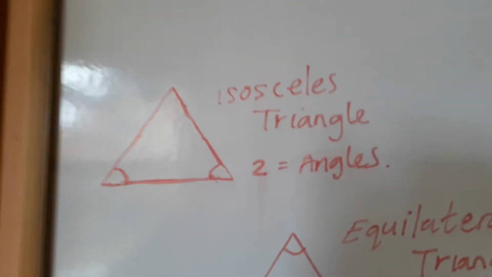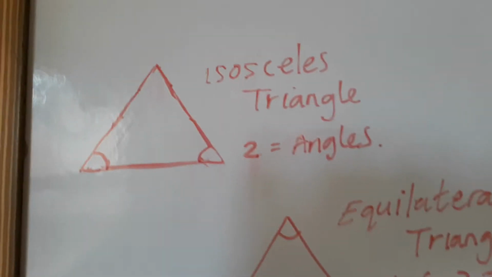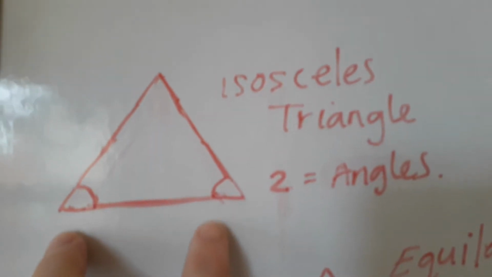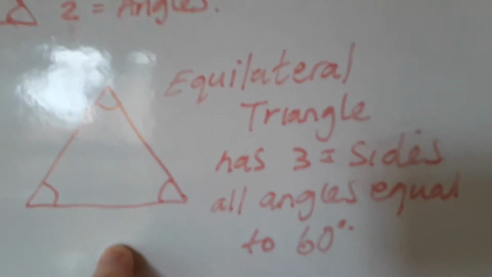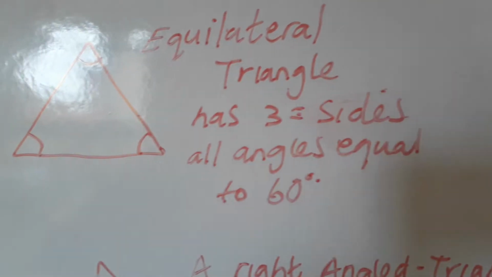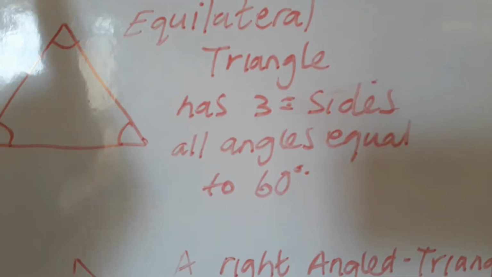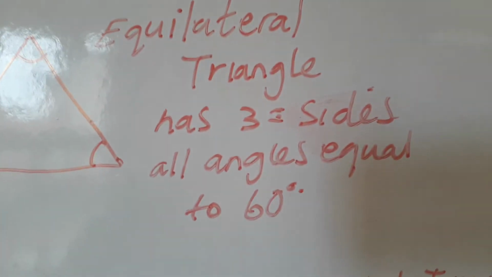Moving on. An isosceles triangle has two equal angles. An equilateral triangle is a triangle with three sides and all equal angles of 60 degrees inside.